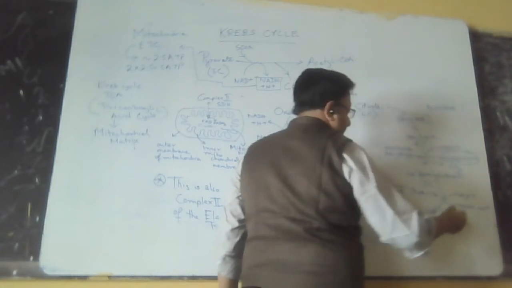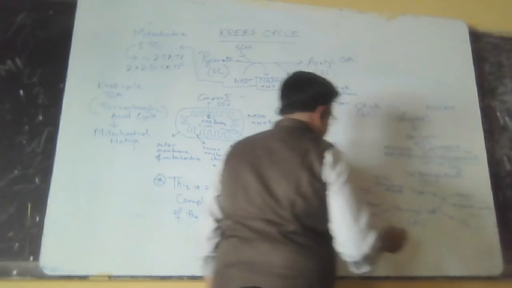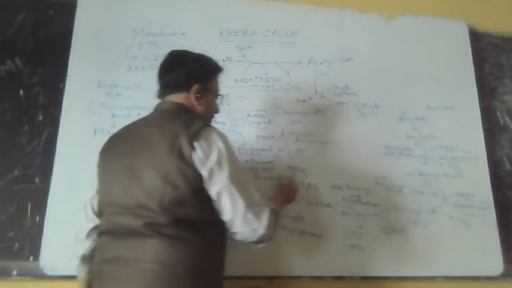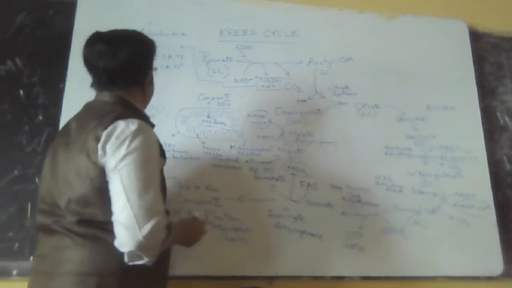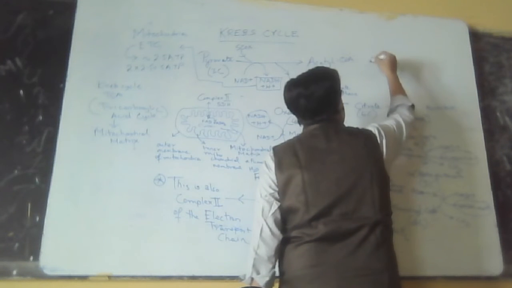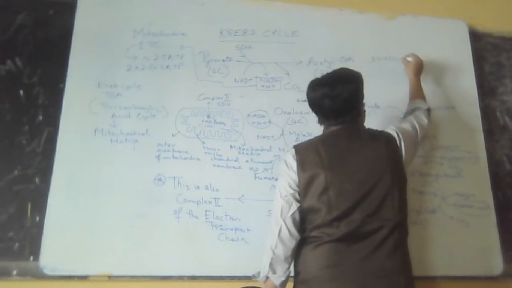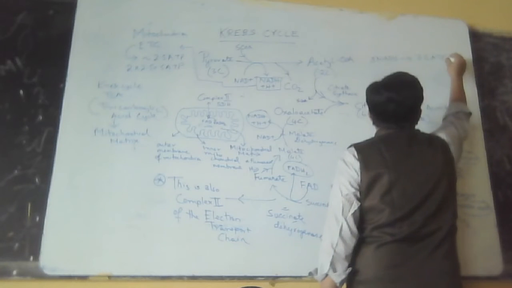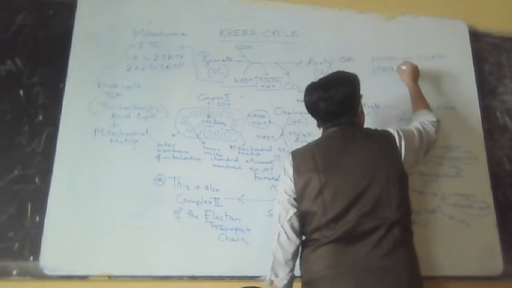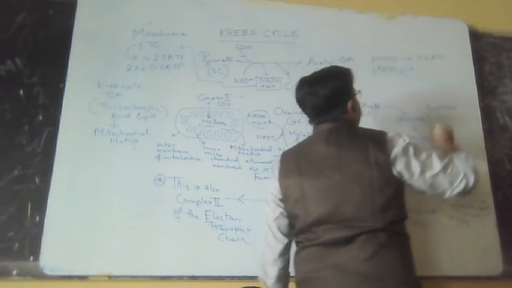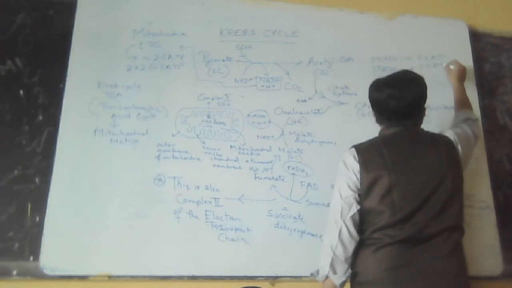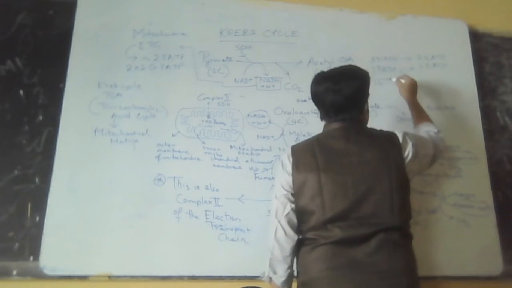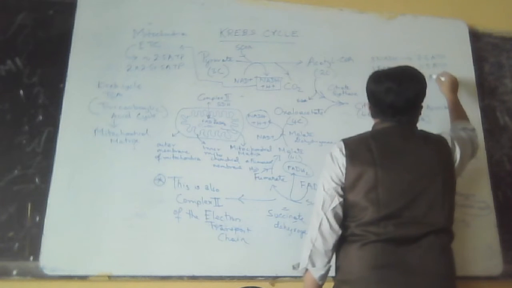So in the Krebs cycle alone, how many NADHs are formed? 1, 2, 3, and 1 FADH2 is formed. So 3 NADH value 7.5 ATP. 1 FADH2 is 1.5 ATP and 1 GTP is formed, value 1 ATP.